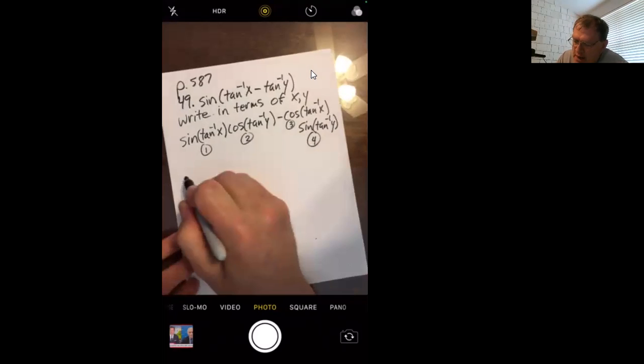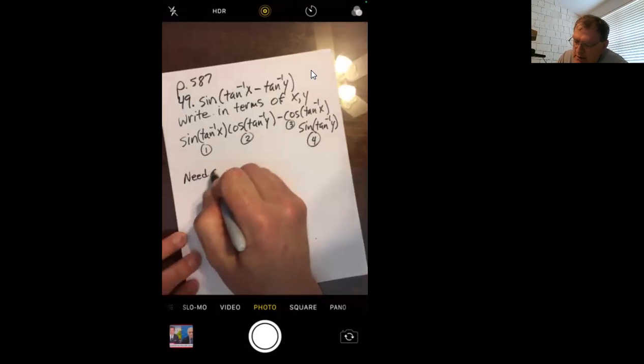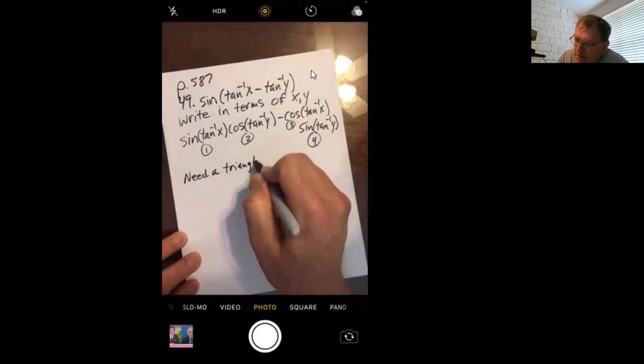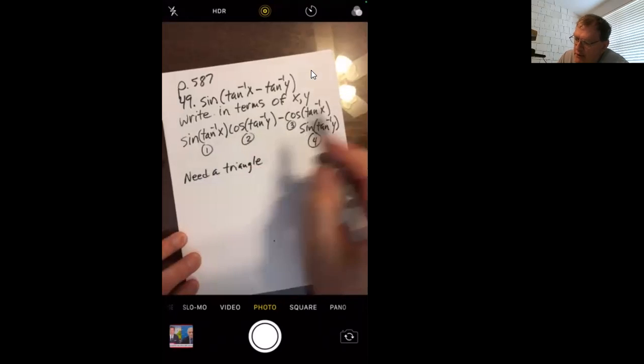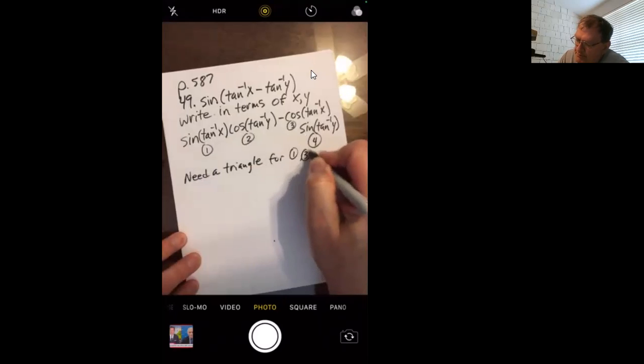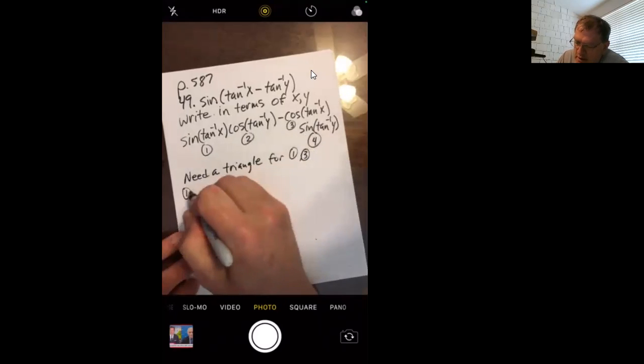So we need a triangle. They're matched by the angle, so we need a triangle for piece 1 and 3. So 1 and 3.